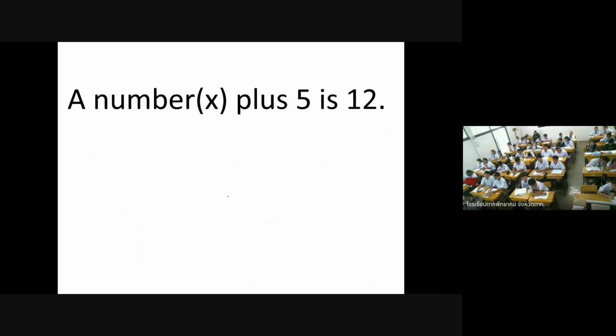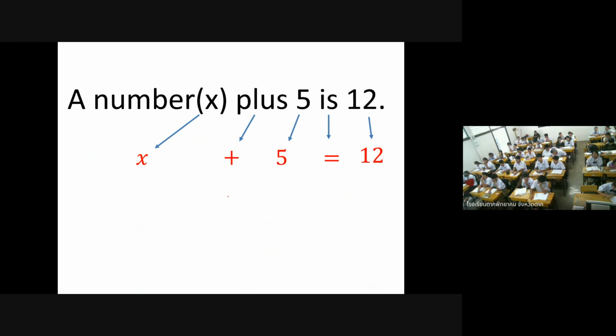If you write it in symbols, the number is letter X, plus 5, is 12.